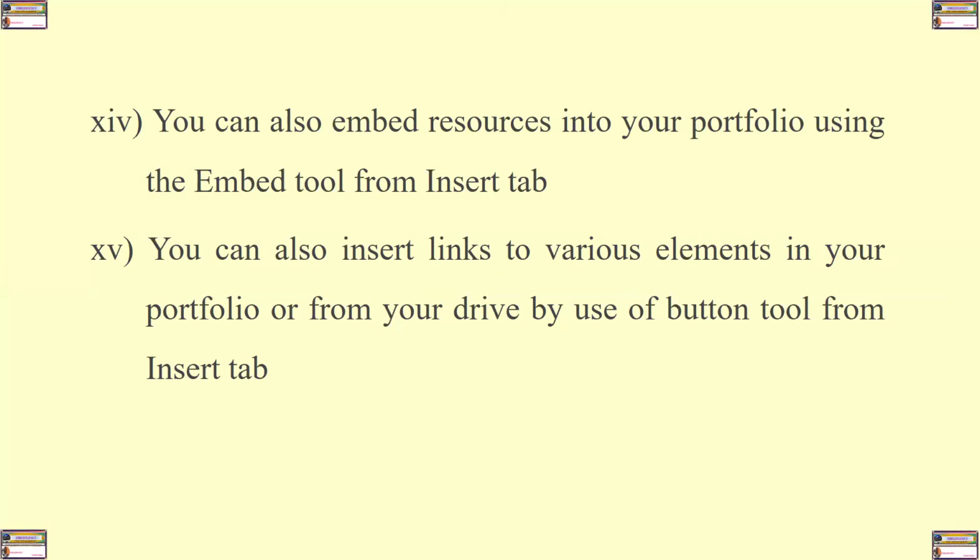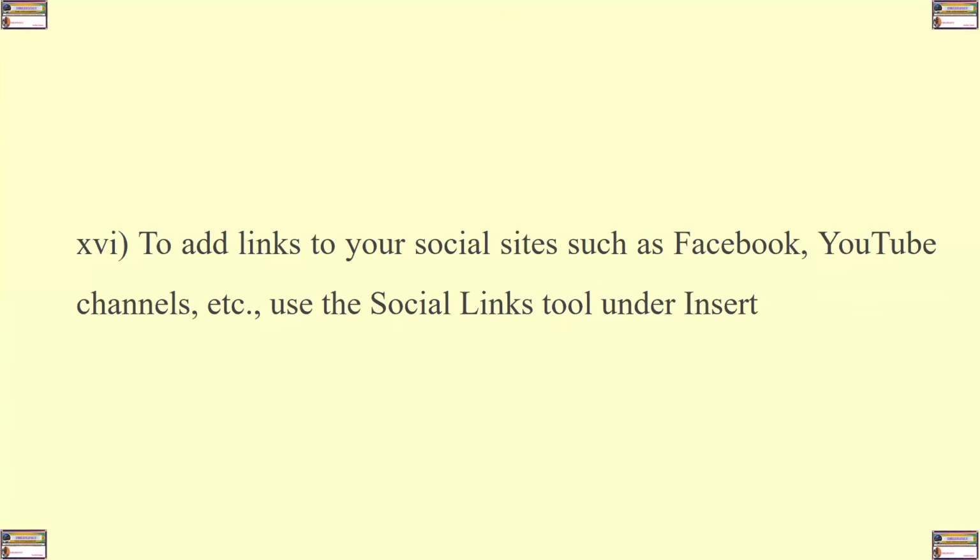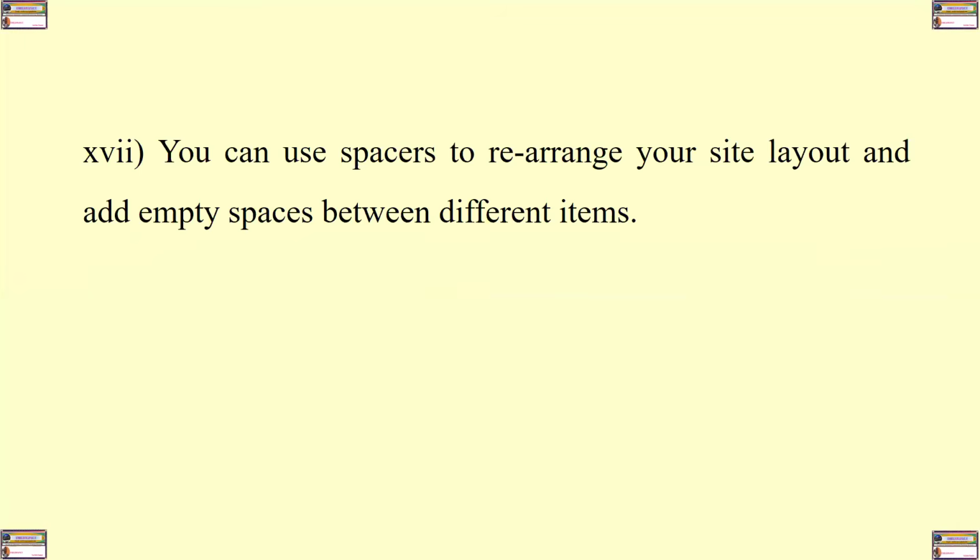You can also embed resources into a portfolio using the Embed tool from Insert menu. Number 16, to add links to a social site such as Facebook, YouTube channels, etc., use what we call the social links tool and Insert. Number 17, you can use spacers to rearrange your site layout and add empty spaces between different items.